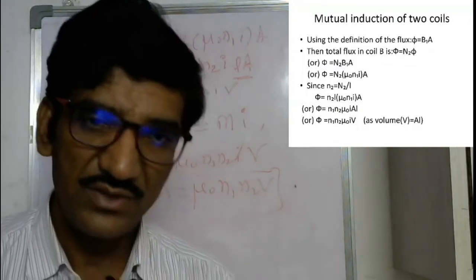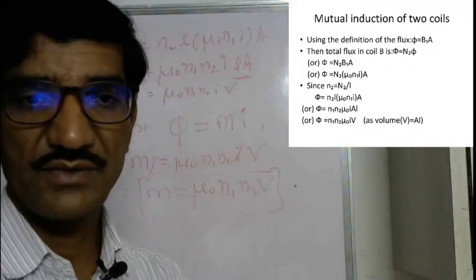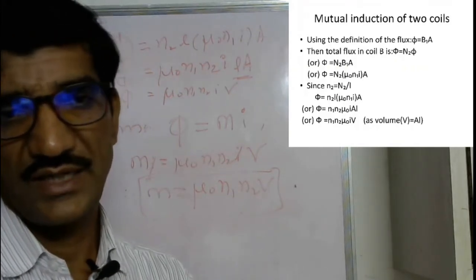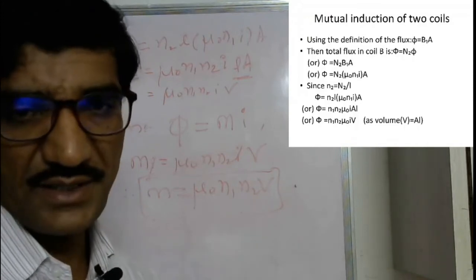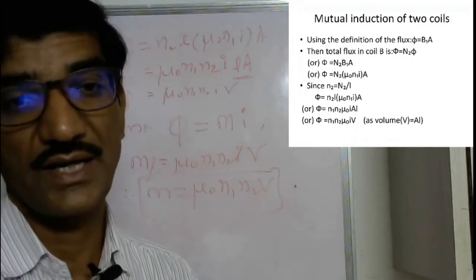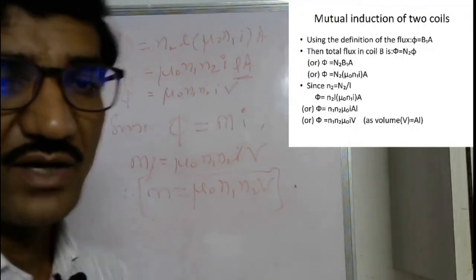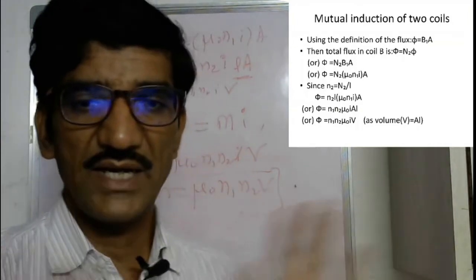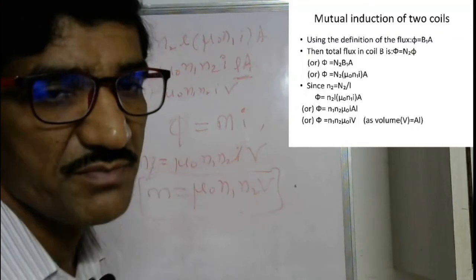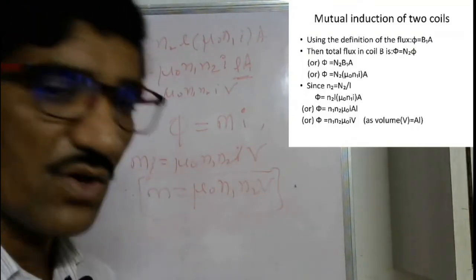It not only applies to our two coils in this solenoid with two turns, it is applicable everywhere. Mutual induction may be there anywhere, but that does not depend on the current in any one of the pair of coils available there. It only depends on the number of turns per unit length in each coil and the volume.